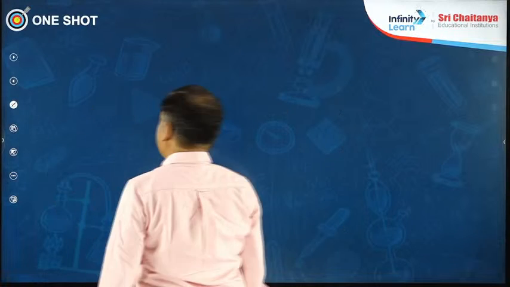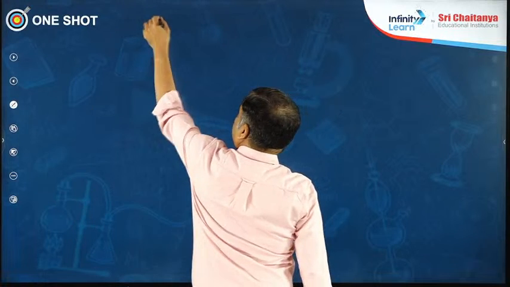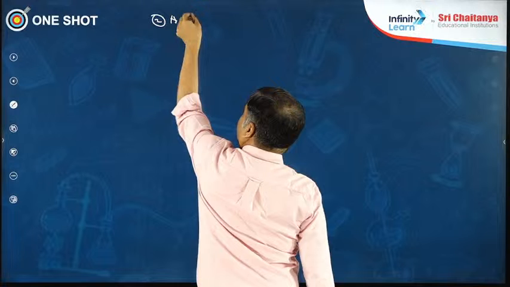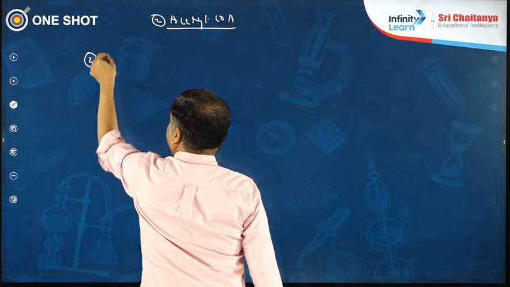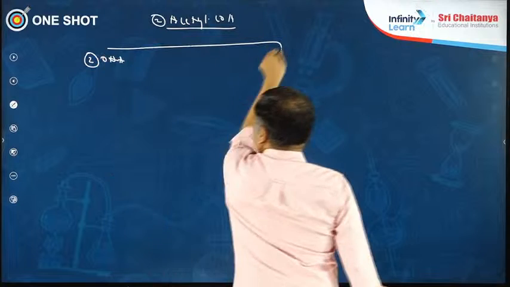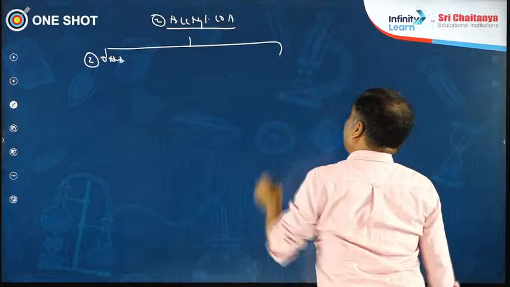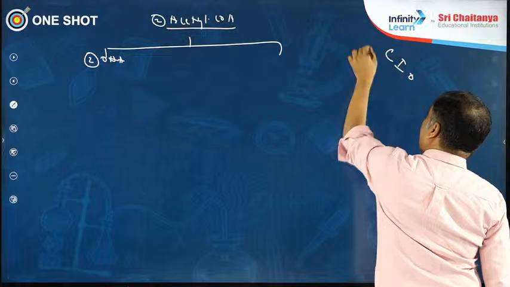Now it is time for us to talk about the Krebs cycle. 2 molecules of acetyl coenzyme A are going to combine with 2 molecules of oxaloacetic acid. So, easy way, I told you CIO.